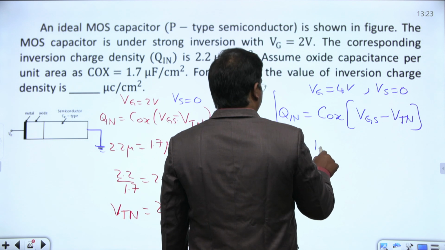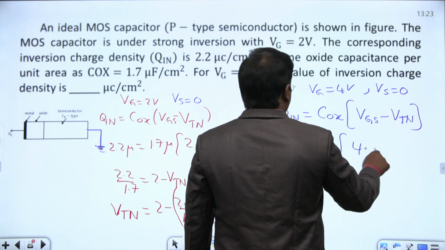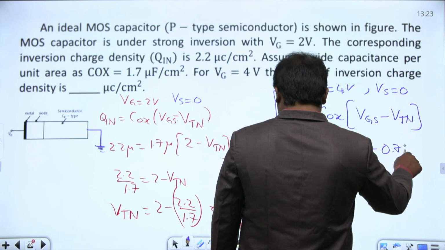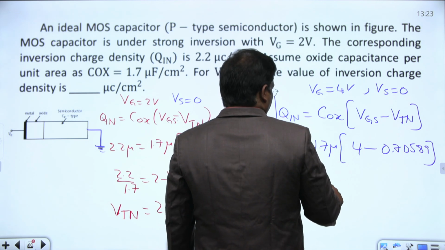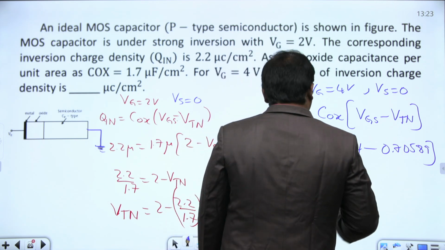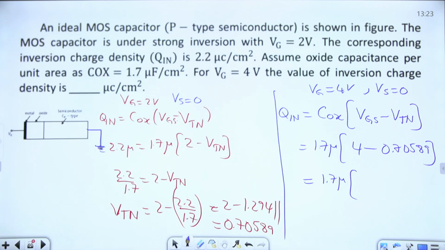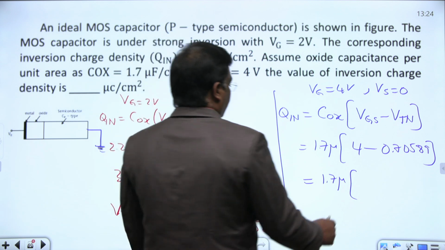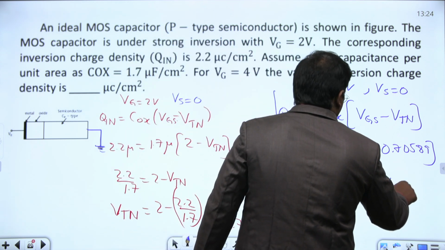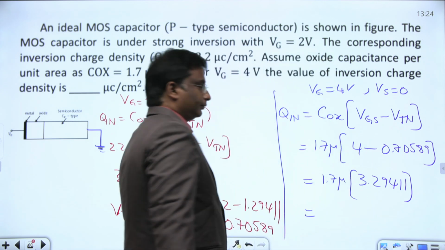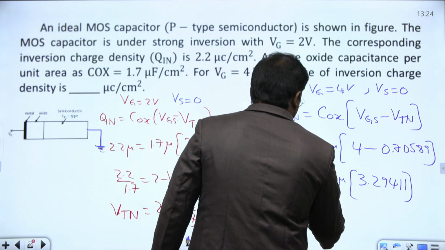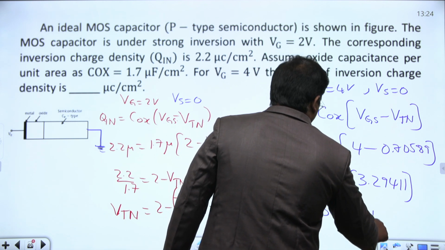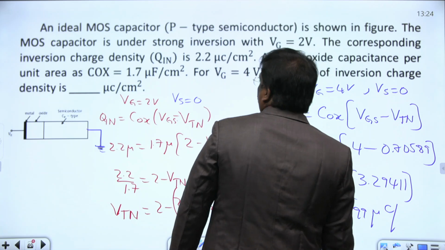Cox is given as 1.7 micro, VGS is given as 4 minus VTN, which we calculated as 0.7058. Using the calculator, 1.7 micro into 3.29411 gives 5.5999. So the inversion charge Q is 5.5999 microcoulombs per centimeter square.